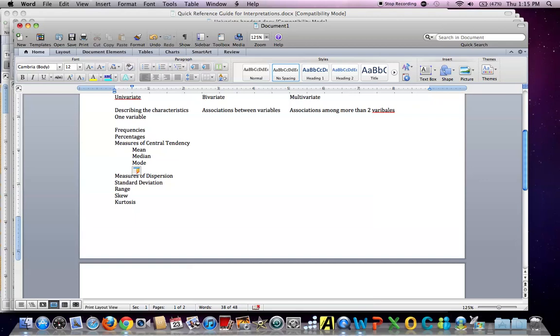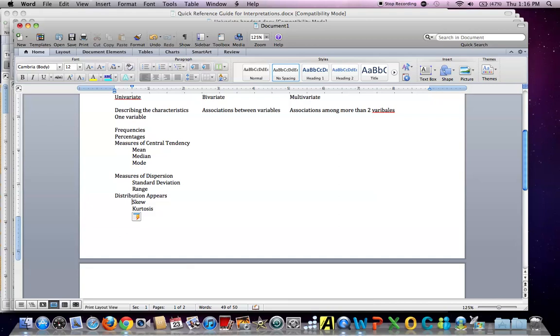We'll be focused on measures of dispersion, particularly the standard deviation and the range. And then we'll be looking at the way the distribution appears, which are measures of dispersion, but it's a little bit different. All right. And so in terms of that, we'll be looking at skew and the kurtosis.